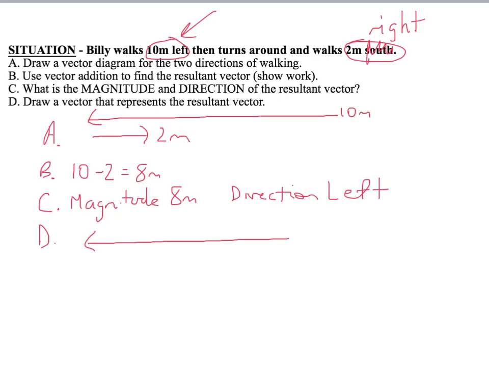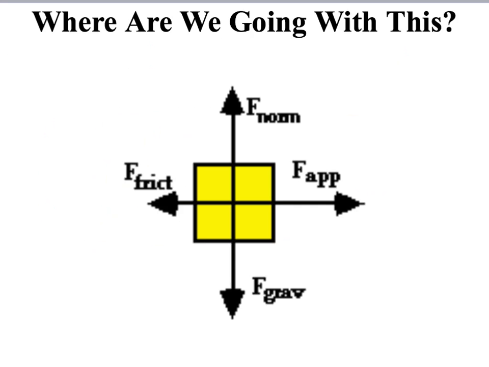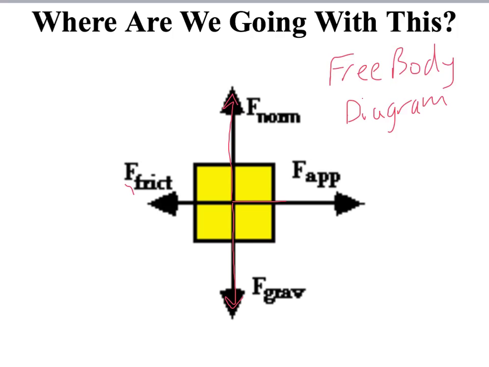Now the question is, where are we going with this? Why are we learning this now? It's because we're going to be doing what are called free body diagrams, where we take all of the different types of forces that we learned yesterday and draw a diagram with vectors to represent the forces. So what you can see on this one is that there are 4 forces: gravity, normal force, applied force, and friction force acting on this box.